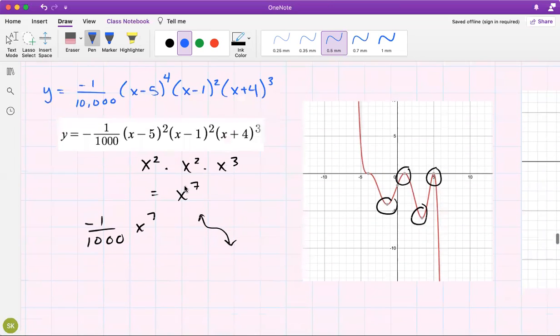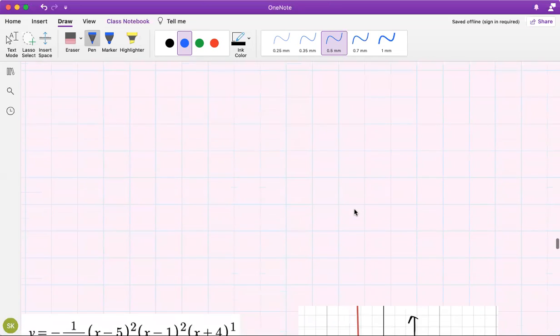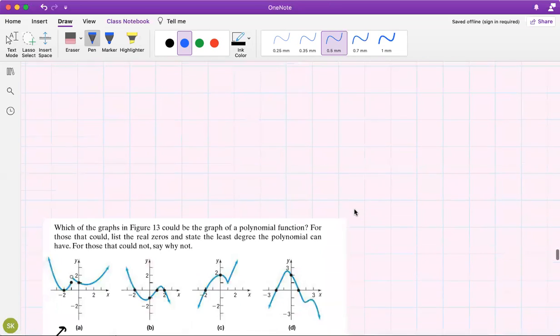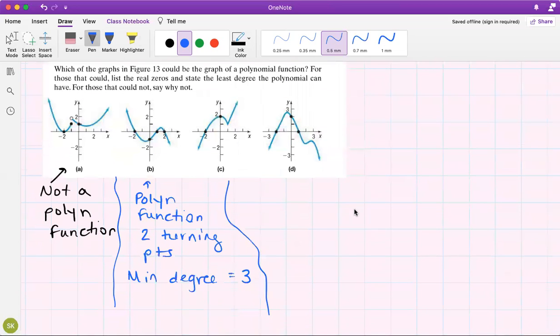But then we had something like this, which was degree 7, and we had 4 turning points. So if we have 4 turning points, we can have a degree 5, a degree 6, a degree 7, but it always has to be at least one bigger than the number of turning points. And that's what's happening here. So since we have 2 turning points, we have to have at least a degree 3 polynomial.